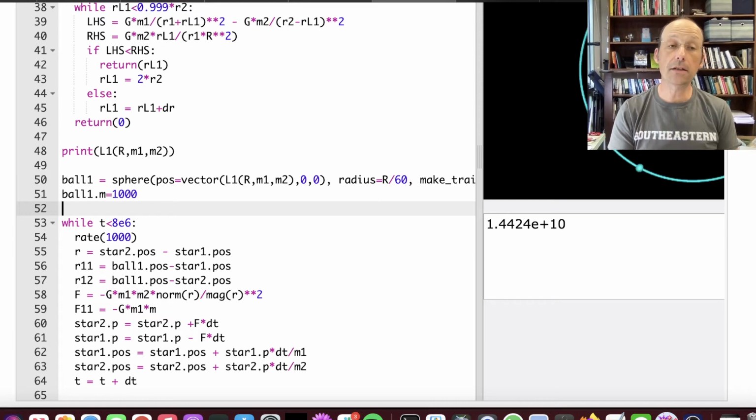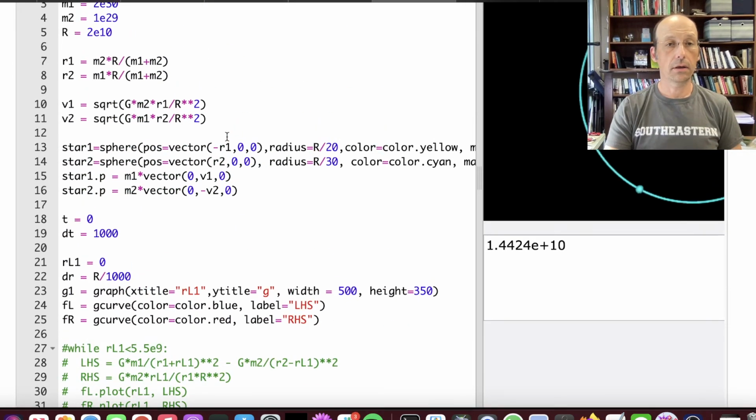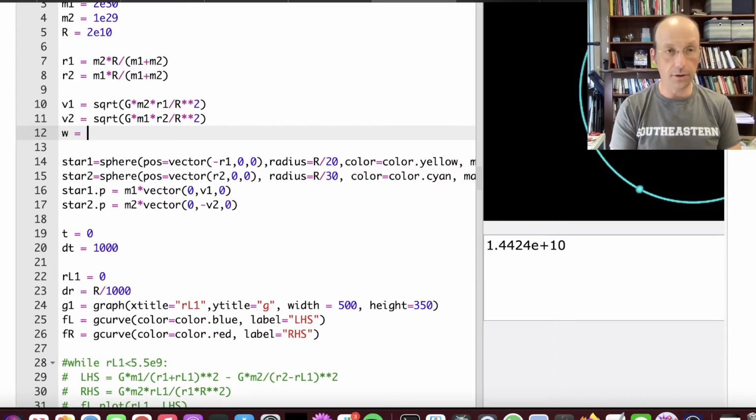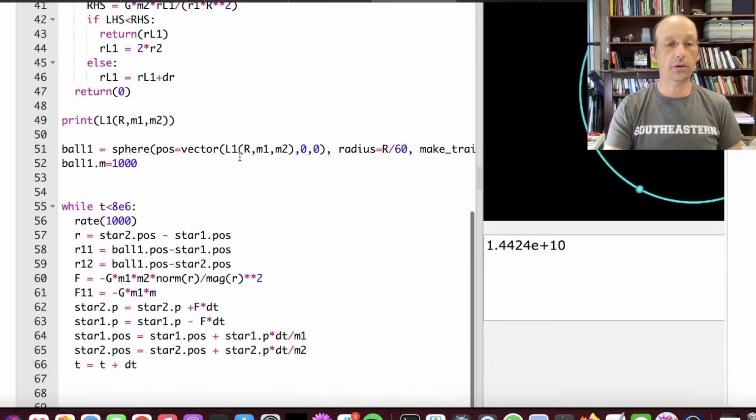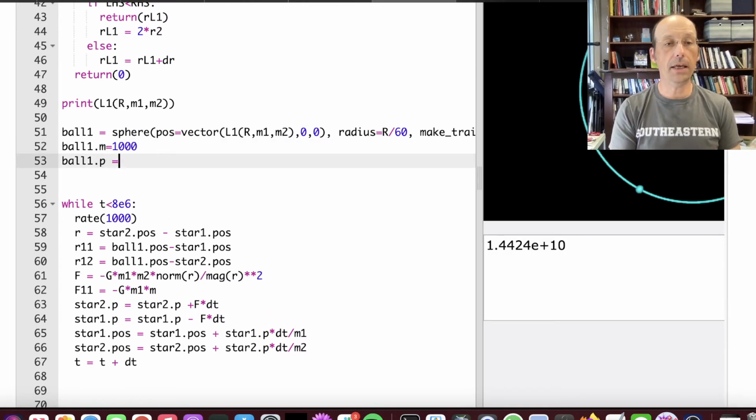I do need the momentum too, right? So do I have omega up here? Let's just do that. I thought I did. Okay, so omega is equal to V2 divided by R2. I said that before. So down here, I need the momentum. Ball 1 dot P equals ball 1 dot M times vector.